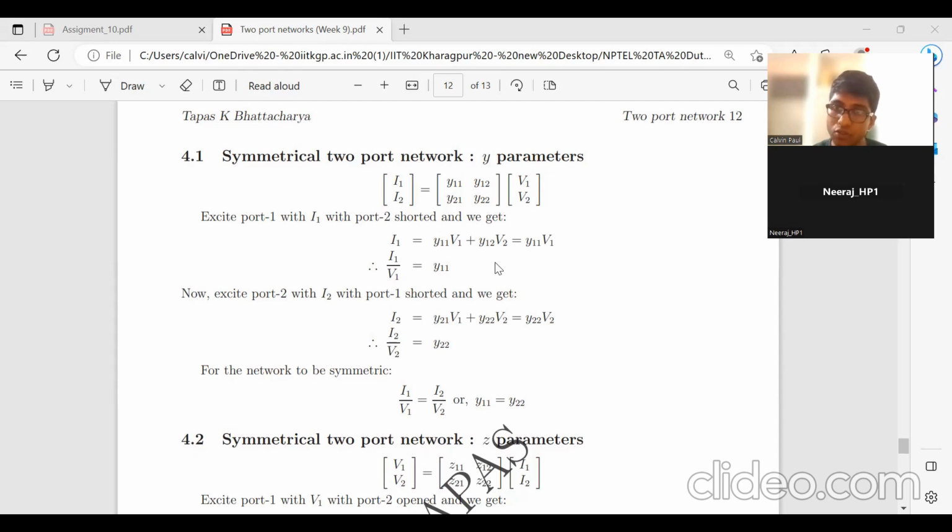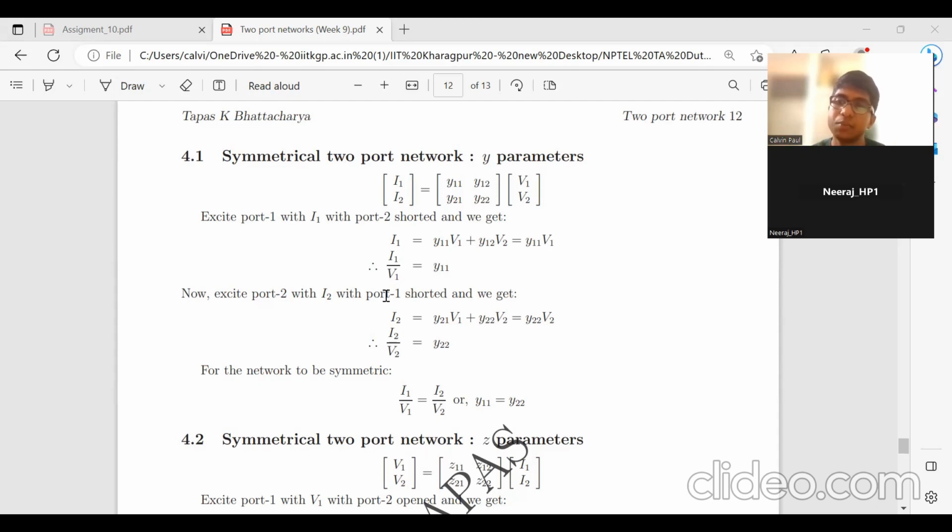If you notice, for Y parameters, when port 1 is the input port, port 2 is the output port, and port 2 is shorted. Then, when port 2 is made the input port, port 1 is shorted. So effectively, one port is the input port and the other port is the load port, and that should have the same condition.